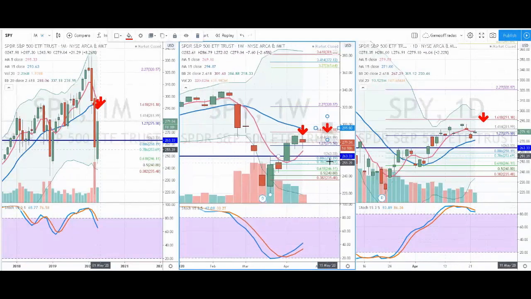Now when that happens, think of it pretty much like a pinball game, and you've got bumpers. When you hit a bumper, you get a reaction. So this fib is a bumper. Each of these 5 and 15 period moving averages is a bumper. And when you have a wider time frame bumper, like a weekly or a monthly, those are stronger bumpers.